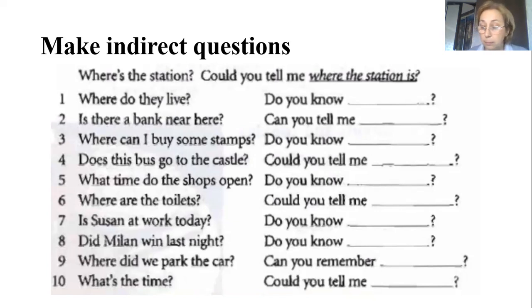Ahmad. Hello. Yes, where are the toilets? Could you tell me where is the toilet? Look, there is a verb "are" here, and we should move it to the place after the noun, after the toilets. So, could you tell me where the toilets are?